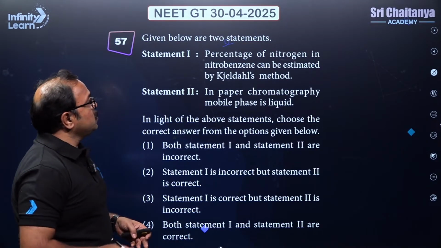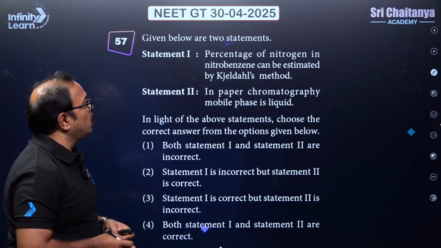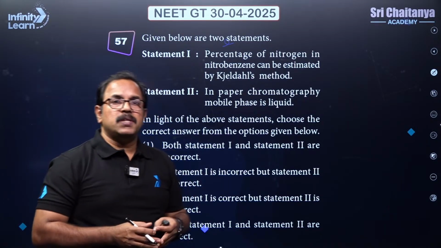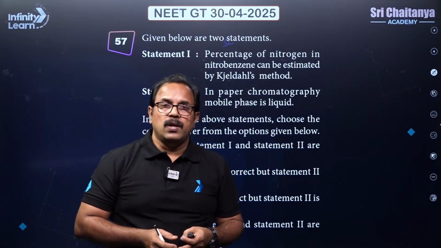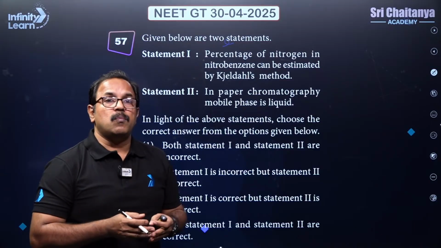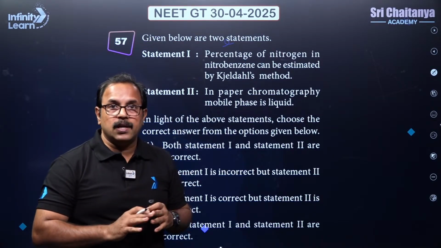Next, percentage of nitrogen, this is a statement type of question. Percentage of nitrogen in nitrobenzene can be estimated by Kjeldahl's method. We all know in Dumas method nitrogen is estimated as N2, and in Kjeldahl's method it is estimated as ammonia. But there are some specific compounds which are not suitable for Kjeldahl's method.